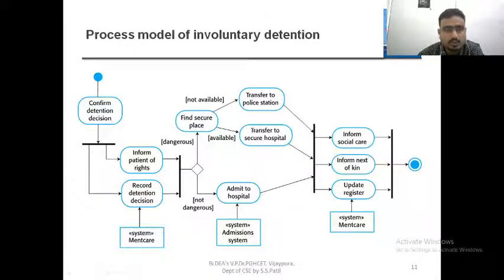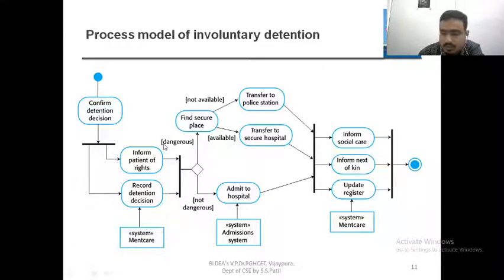What is that? For your close friend, first we have to check that he is mentally unstable. Next, you check that the patient's rights are informed, that is, what the rights are. Then you check whether the patient is dangerous or not dangerous.